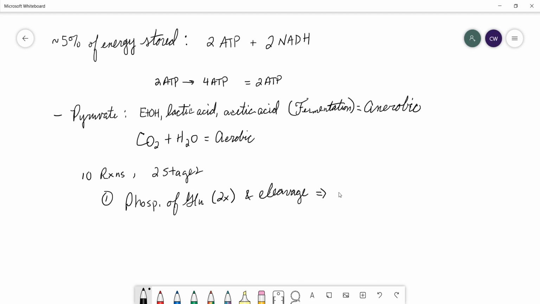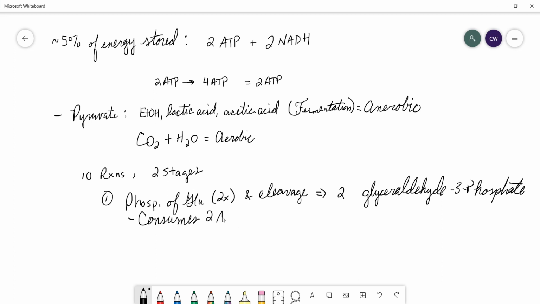That will yield 2 glyceraldehyde 3-phosphates, and it consumes 2 moles of ATP.